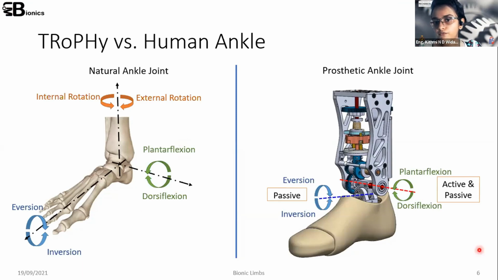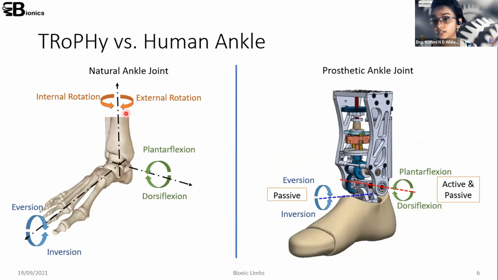So we decided to use that motion in our device, and also, to allow walking on uneven terrains, we had to allow eversion and inversion motion as a passive method.